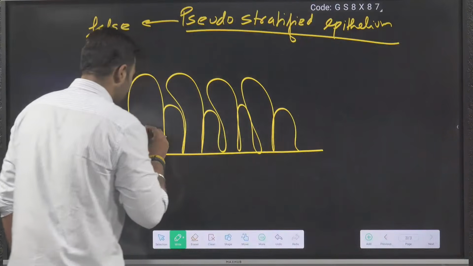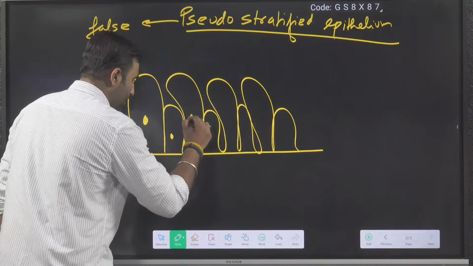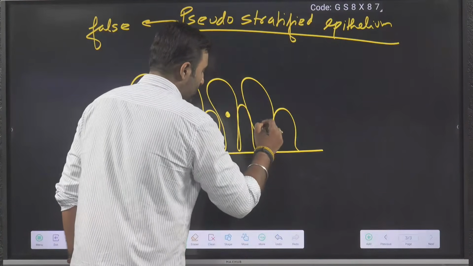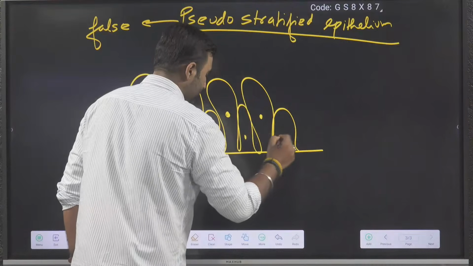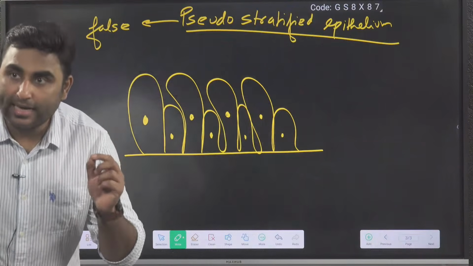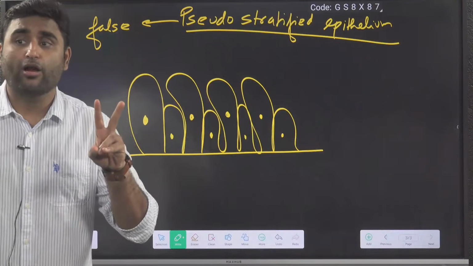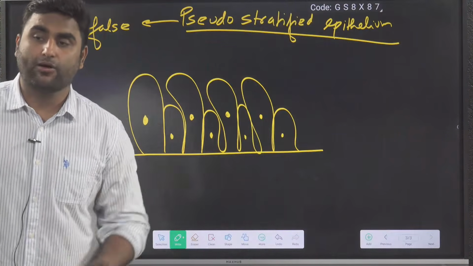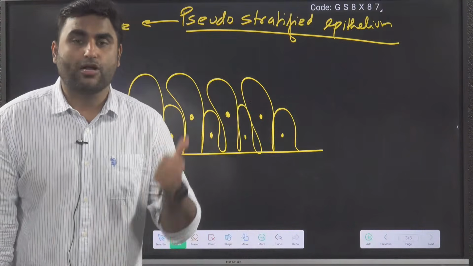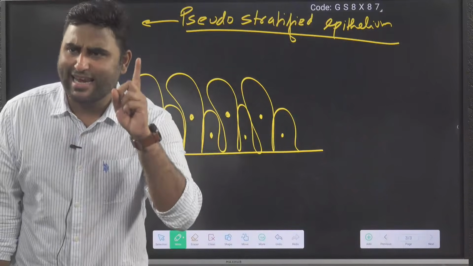Notice this. How many layers of cells do you see here? Do you see two layers of cells, or are you looking at a single layer of cells? You are looking at a single layer of cells.